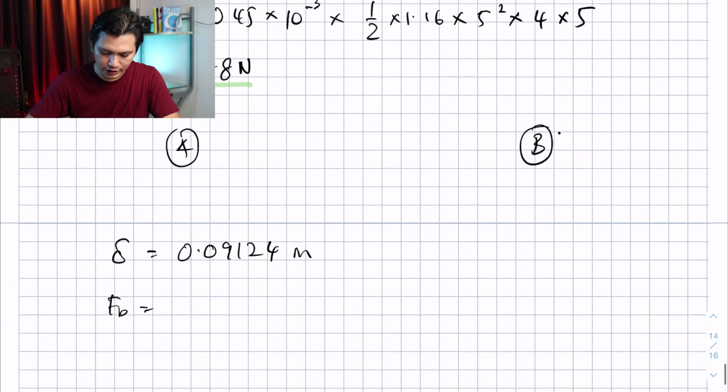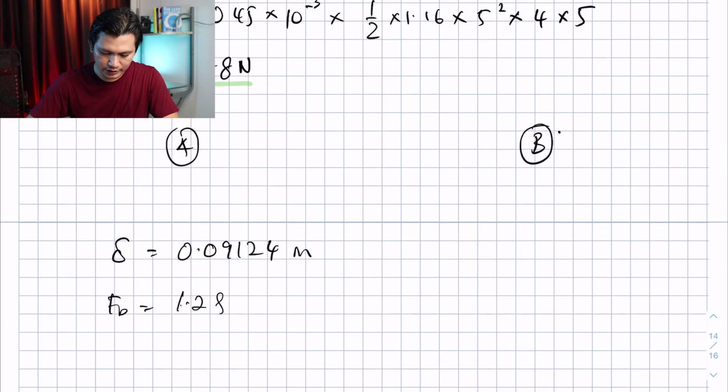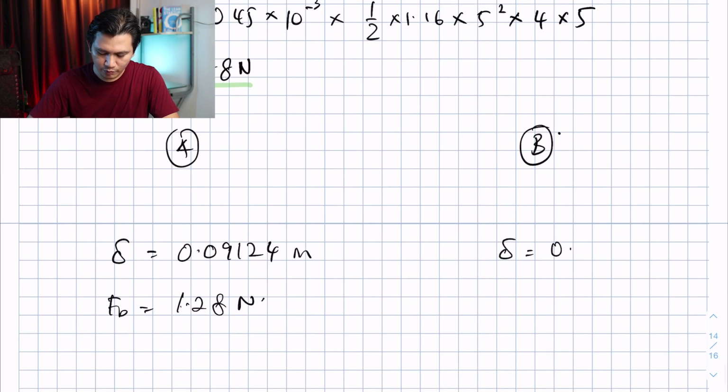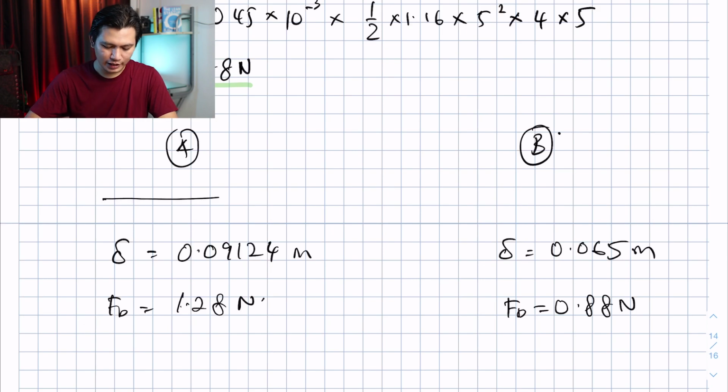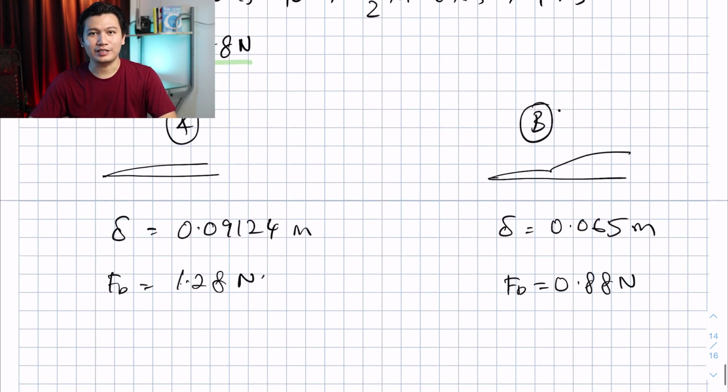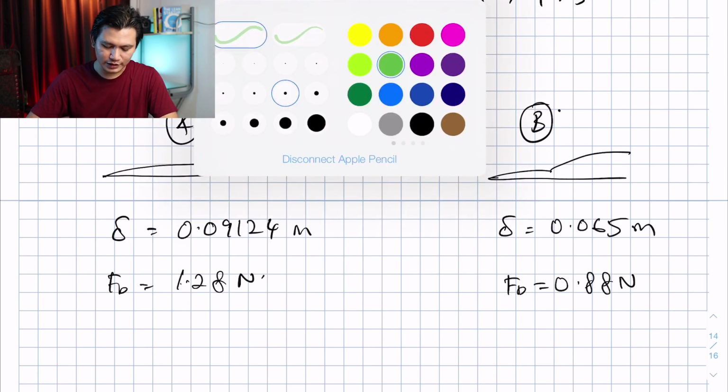For case B, the del is 0.065 and the FD is 0.88 Newton. If you remember, A is when we assume everything is turbulent, and B is when we have laminar and turbulent. Now see the difference here.